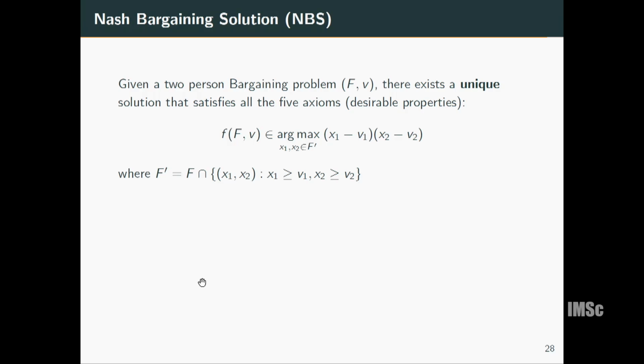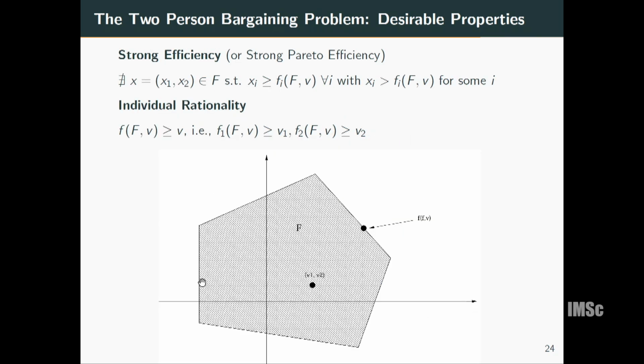Is f prime saying some monotonic property? No, f prime is simply saying that you are restricting yourself to points above the disagreement point. Because you wanted to satisfy the individual rationality property, you need to restrict to only the points which give utilities beyond the disagreement point.